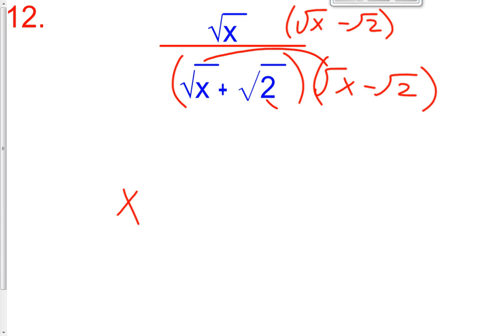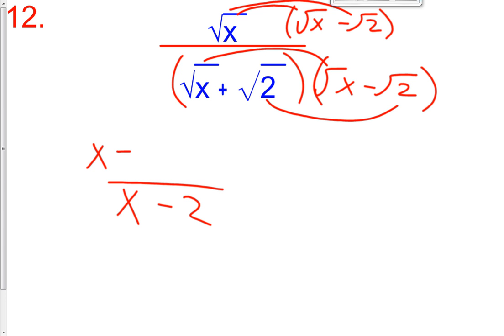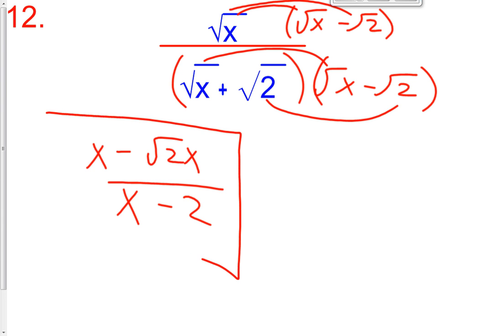And then our last, a positive square root 2 times a negative square root 2 is a negative 2. So in the denominator, we get x minus 2. In the numerator, square root x times square root x is x. And square root x times a negative square root 2 is a negative square root 2x. And once again, I can't simplify this any further than what is written right there. That is our answer for problem number 12.